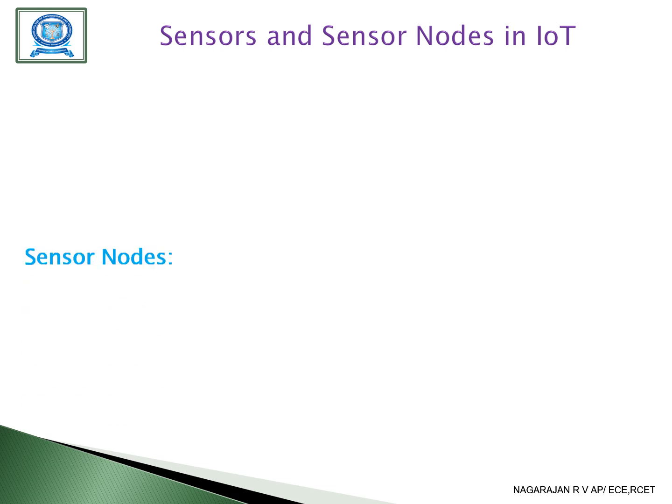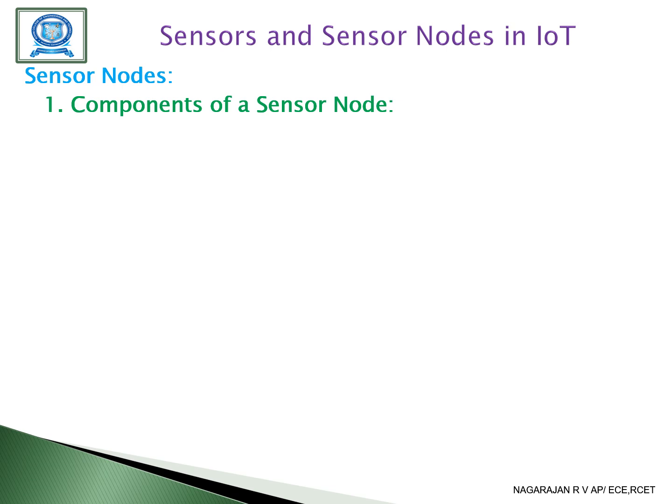Next, the sensor node. A sensor node is a combination of a sensor, microcontroller, communication module, and power source. So, the components of a sensor node. First one is the sensor, the primary component that measures physical quantities and converts them into electrical signals.